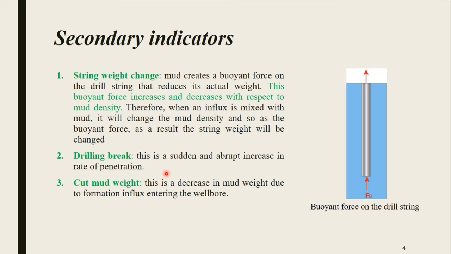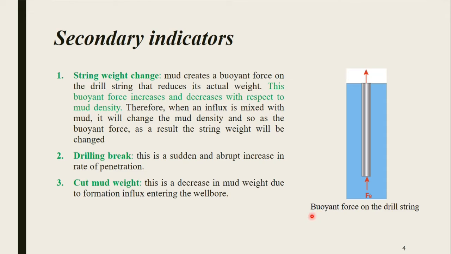One of the secondary indicators is that the string weight changes. This one is a little bit complicated, so you might want to pay a lot of attention. Imagine this is the wellbore, and this is the drill string. When you put an object into a fluid, then the fluid will exert an opposite force on that object.